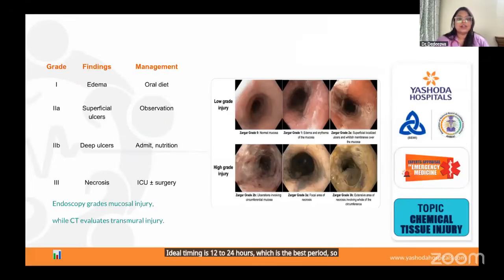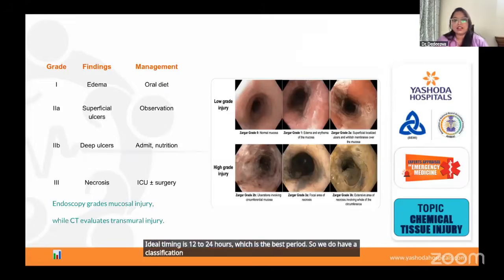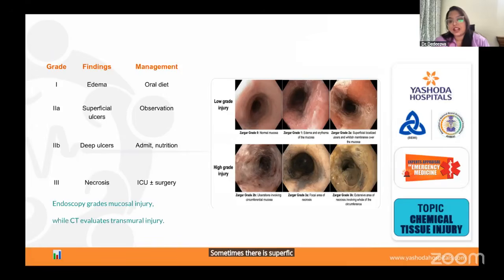So we do have a classification called Zargar grading. If it is grade 0, it is a normal mucosa. If it is a grade 2, you have superficial ulcers involving mucosa where there is edema and erythema. Sometimes there are superficial localized ulcers with whitish membranes over the mucosa.